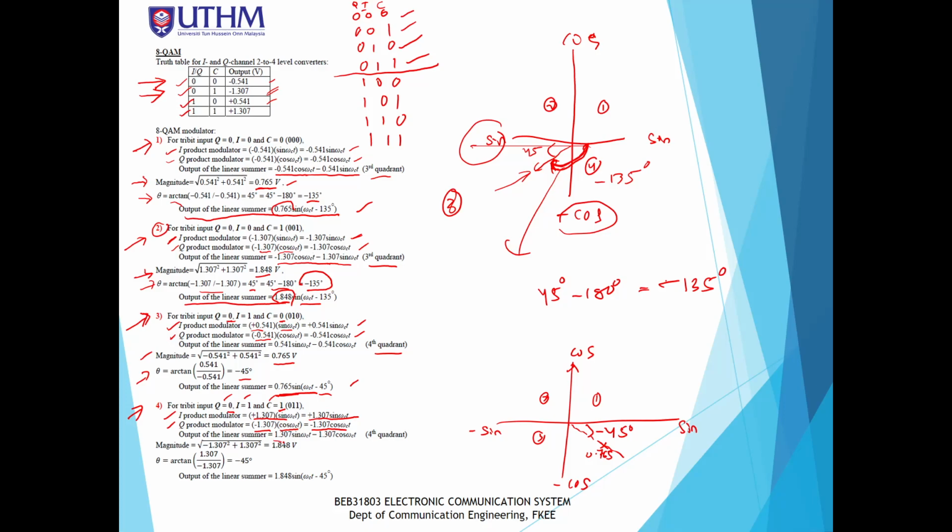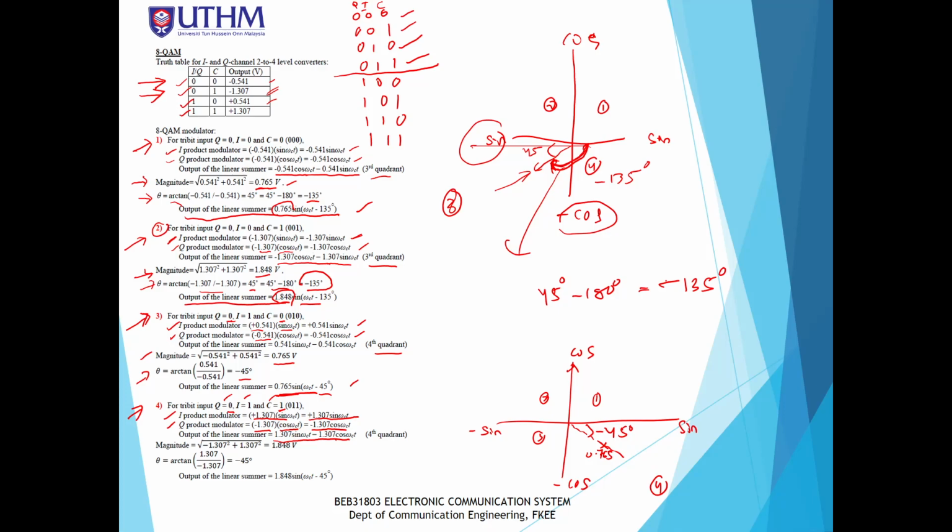So we have 1.307 sine omega ct minus 1.307 cos omega ct. Again, this is plus sine and also minus cos. This is located at the fourth quadrant as well.